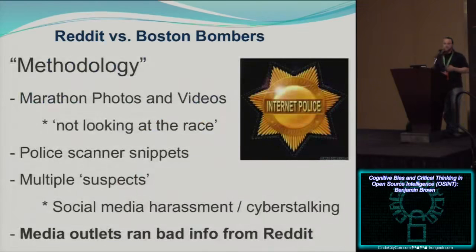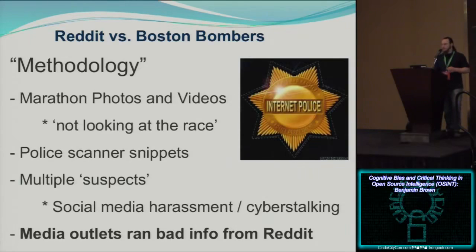Some of the things that they looked at were public photos and videos that were uploaded to social sites, and looking at things like who's not paying enough attention to the race, who's wearing a certain kind of hat or sneakers or a particular backpack, who looks like they're in a place or coming from a place that they normally wouldn't.